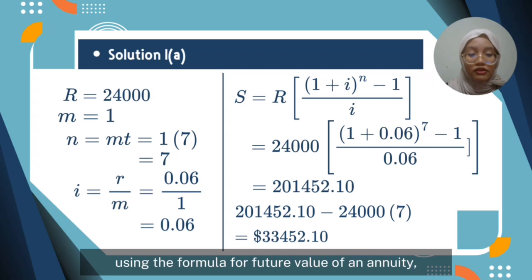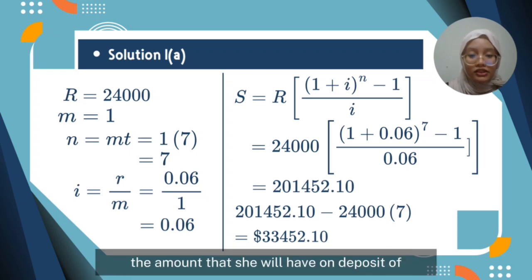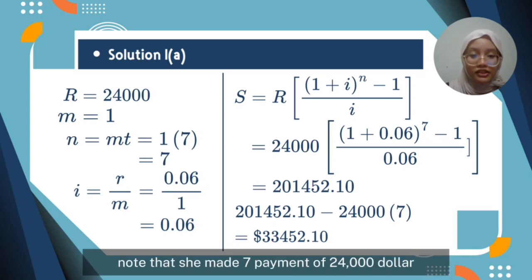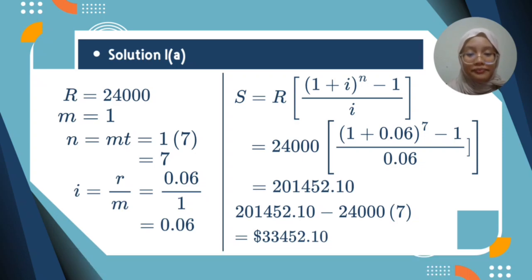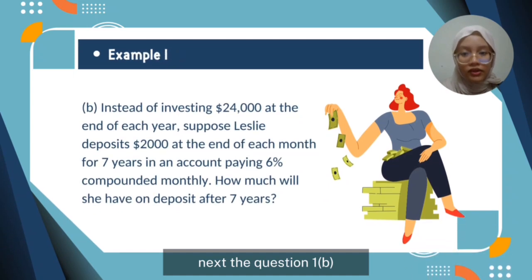Using the formula for future value of an annuity, the amount she will have on deposit after 7 years is $201,452.10. If you want to calculate her interest, note that she made 7 payments of $24,000. The interest that she will earn is $33,452.10.